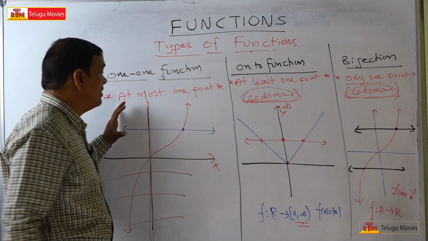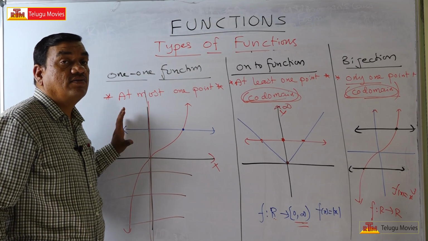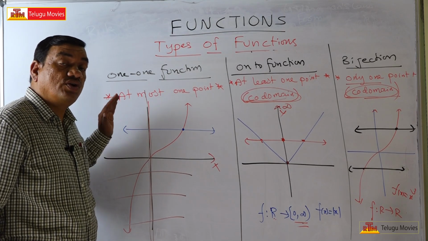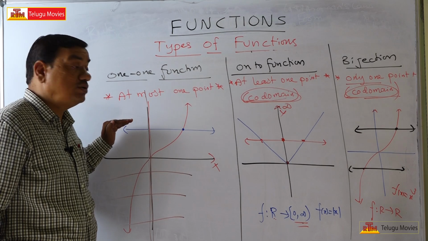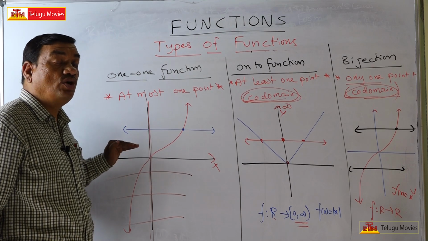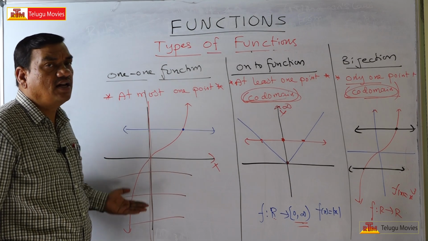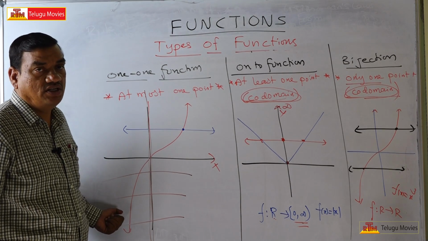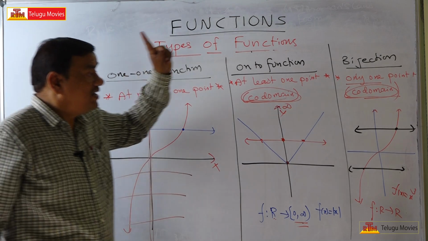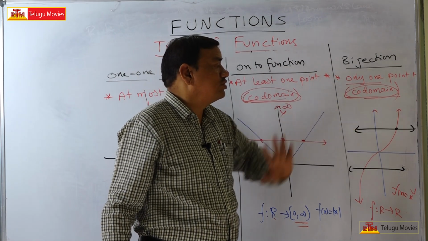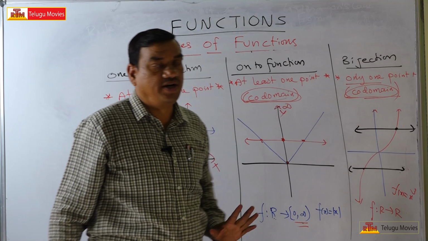Here at most 1 point means there are certain curves in which if you draw a line parallel to x-axis, even though it does not intersect the curve, it is still a one-one function. But here, must and should, it should intersect at only 1 point.